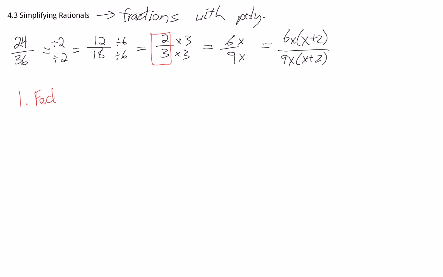When we're dealing with rational expressions, basically the idea is how do we simplify them? We want to factor top and bottom as much as possible first. When you factor, you're going to use either greatest common factoring or square root factoring.